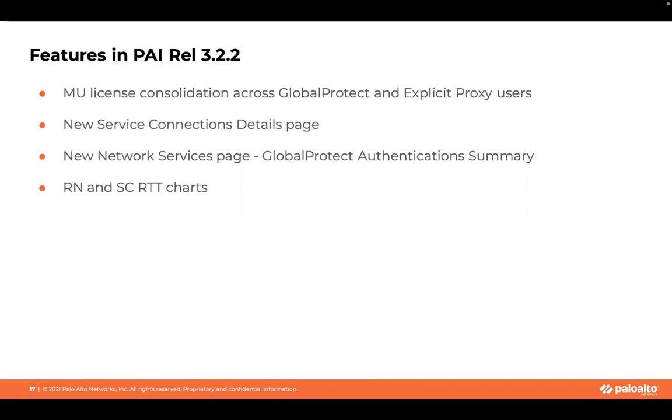This is not something that we have the means to influence or change, but we record these and we have visibility to these, and these definitely impact the way in which our customers consume Prisma Access.